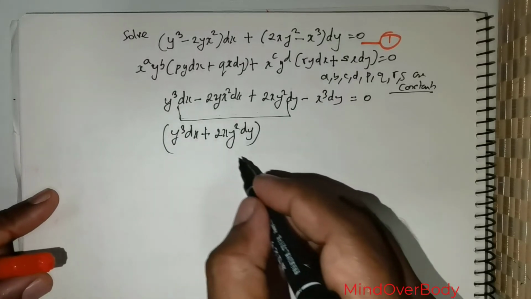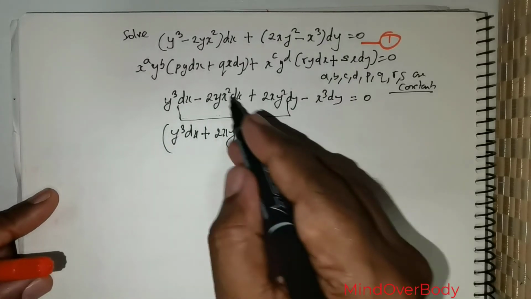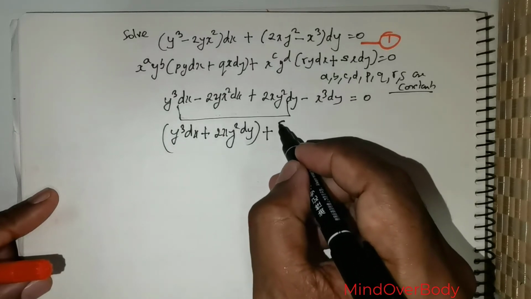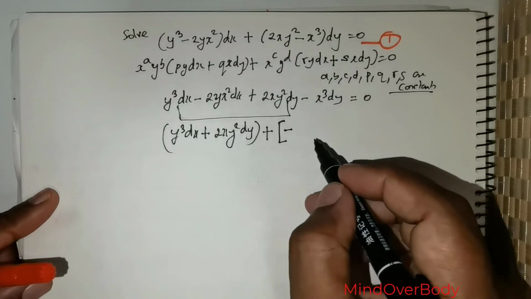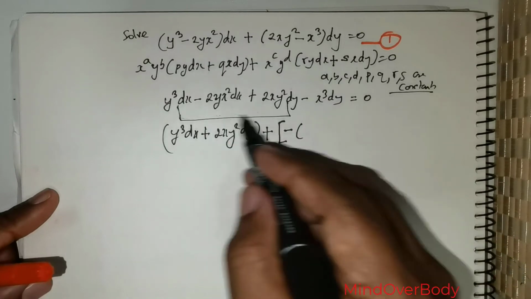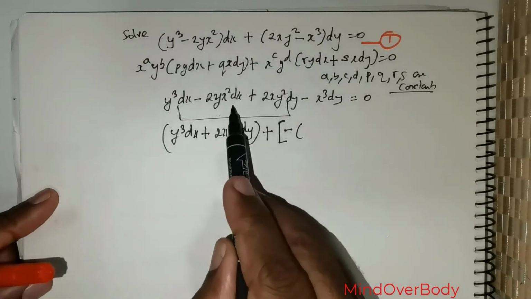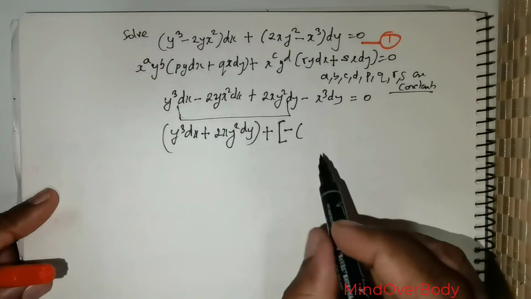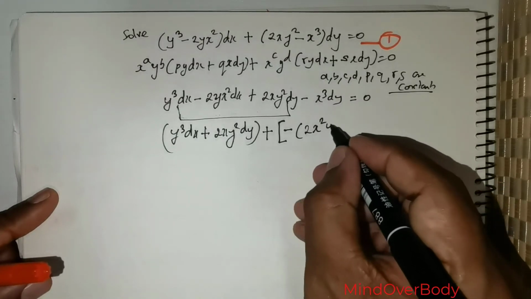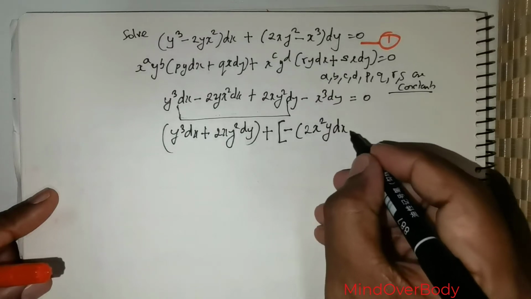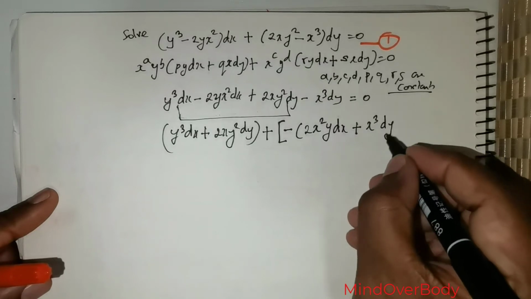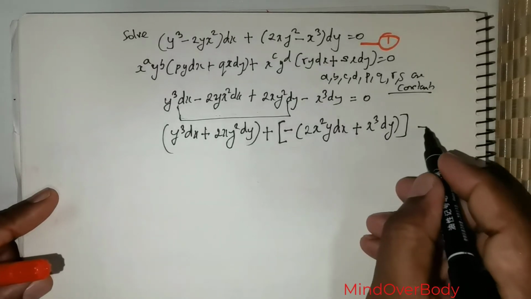This is one term, and then I will club the other term. So probably I will place a positive sign and take a whole parenthesis out, and then take a negative sign out, and then rewrite the dx term and the dy term. So that's going to be 2 times x squared y dx followed by a positive x cubed times dy. So this is equal to 0.